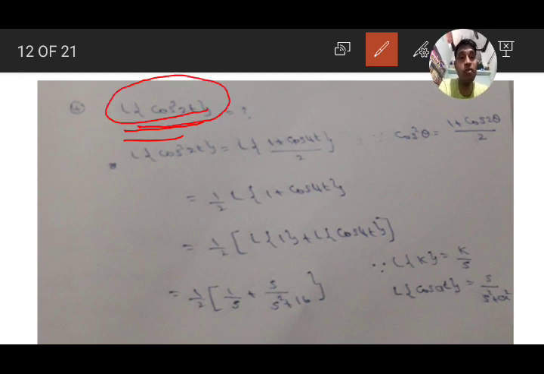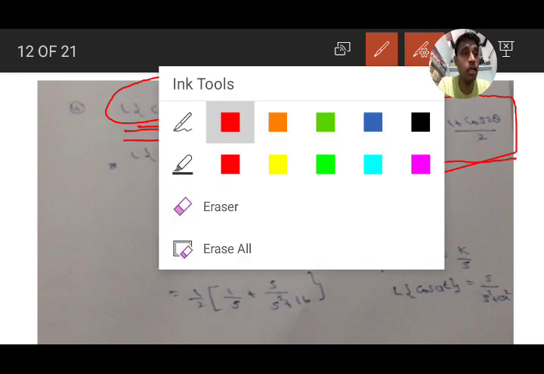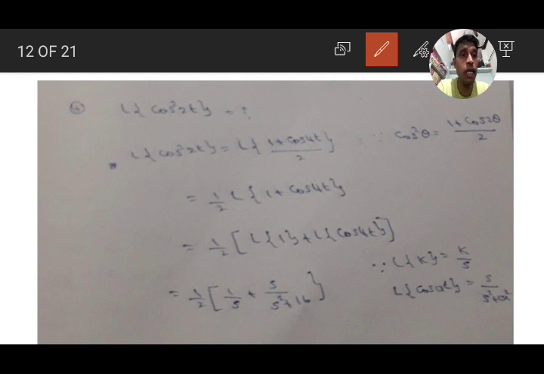So first we simplify this cos square 2t by using trigonometric identities. In trigonometry, we have the formula cos square theta equal to 1 plus cos 2 theta by 2. Here theta means 2t.